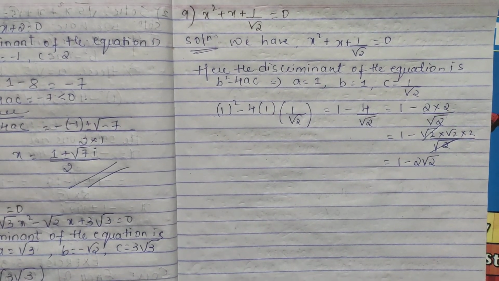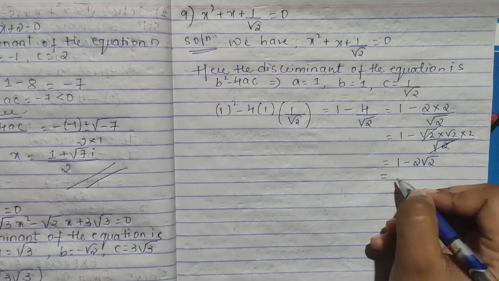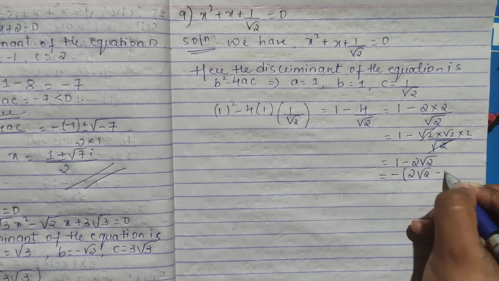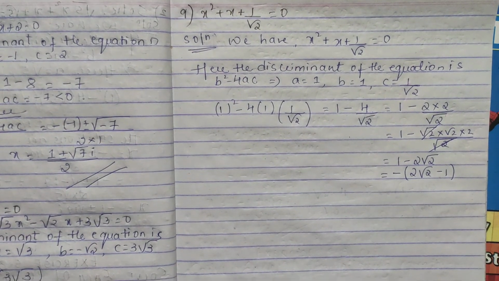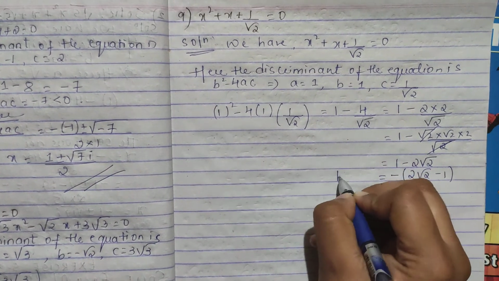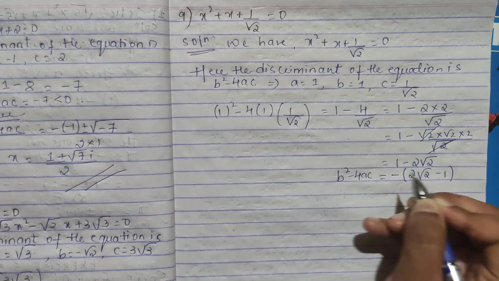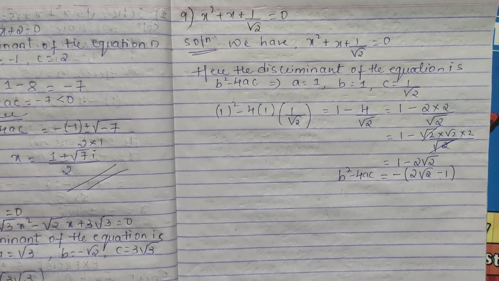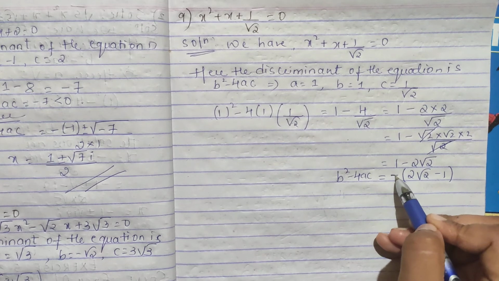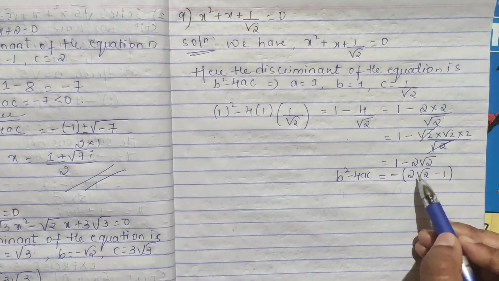Okay, you get like this. So this I can write like this, minus 2 root 2 minus 1. I can take minus common. Why? Because we have to apply the formula, right? We have to make it negative, we have to show it. So what we have done, I have taken minus outside, 2 root 2 minus 1. How is it?